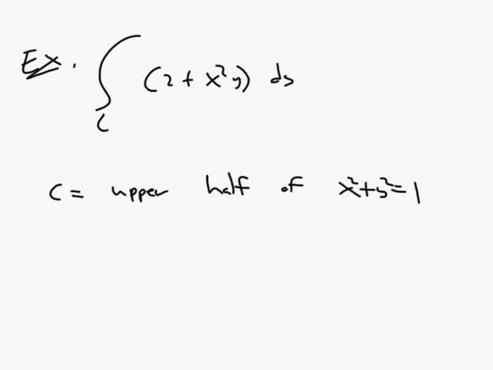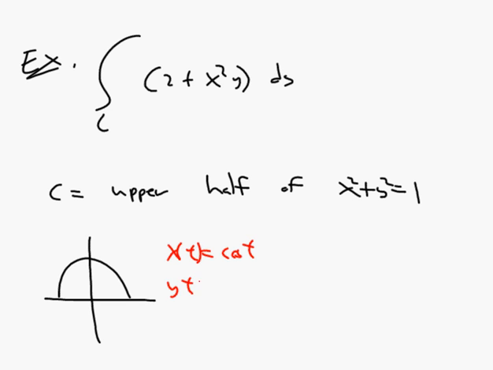Okay, so we know we want to rewrite this thing in terms of t, where t represents the parameter in the parameterization of C. So if we think about x squared plus y squared equals 1, the upper half of it looks like that. We actually know how to parameterize that. We know that x of t can just be cosine of t, and y of t can just be sine of t.